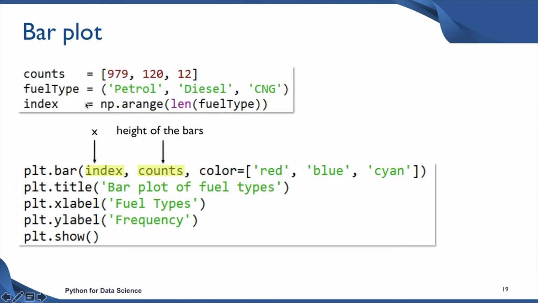There is a value count that gives you the representation of petrol, diesel and CNG variants and how many cars there are. The index is basically the fuel type, and the count is the count of petrol, diesel and CNG.